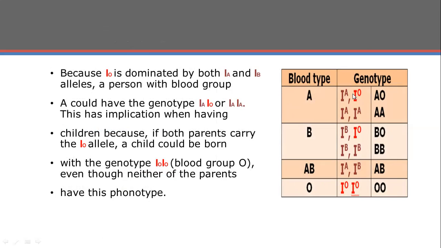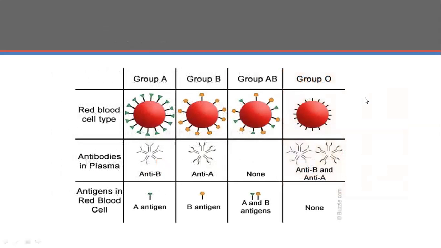But why are we writing it like I with an uppercase A, and so on? Because they are codominant. In codominance traits, we write it with a capital letter and a superscript to show the difference between codominance and complete dominance.